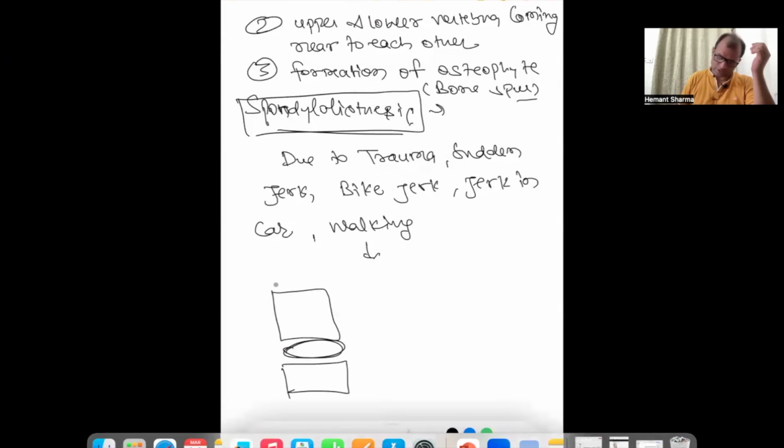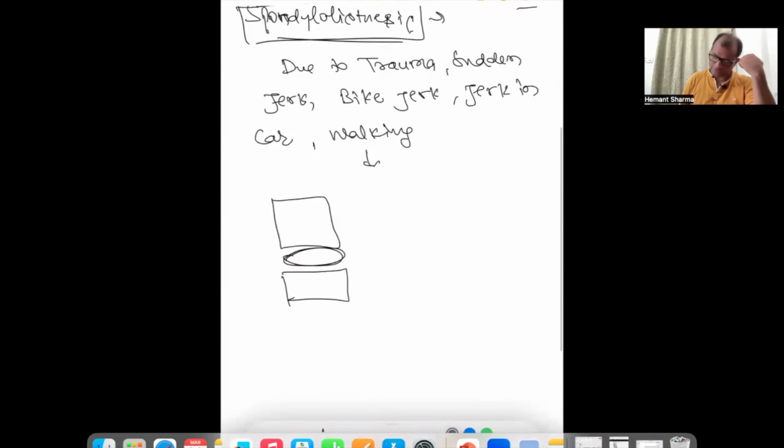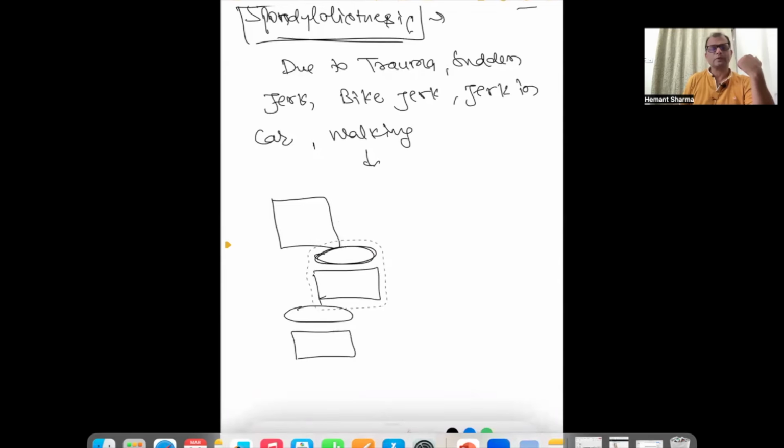If one vertebra is going a little front or back, like see, let's make one more vertebra here. If due to sudden jerk one vertebra is moving a little forward, this is called spondylolisthesis. This is a very challenging problem.